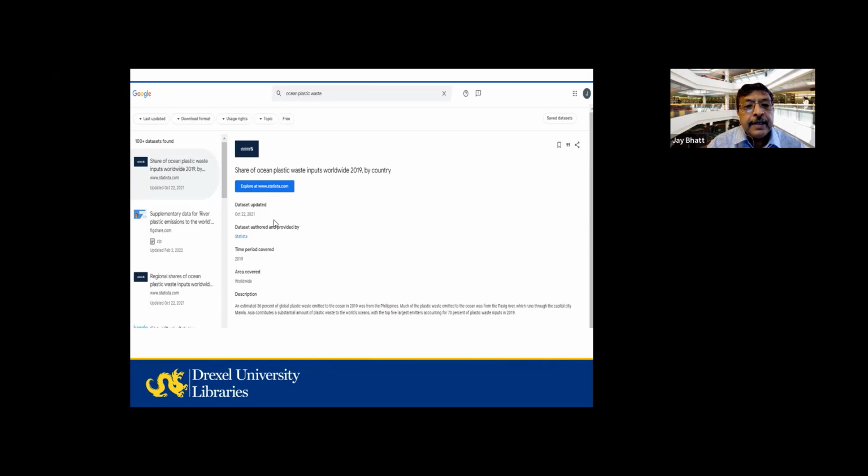It tells you that it is available through something called Statista. Google Dataset Search is linking to a dataset site where this data can be discovered, which is Statista. And we have a subscription to Statista. We will look at it soon.